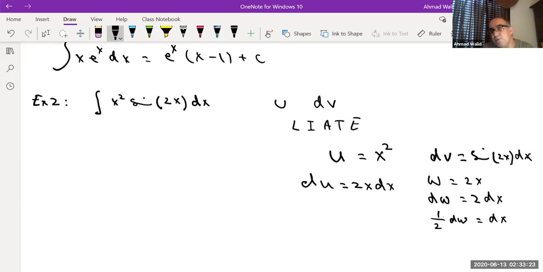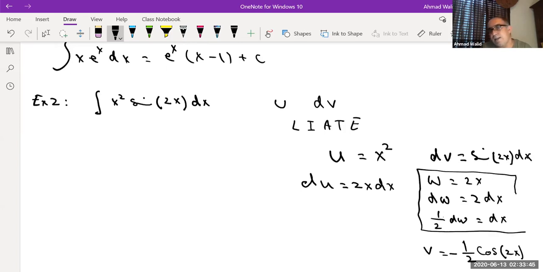Correct? And if you do substitution here, it means your v becomes negative 1/2 of cosine 2x. Correct? I just showed this one in this example. Like the other day I told you, I'm assuming that you are okay now with these integrations, correct?